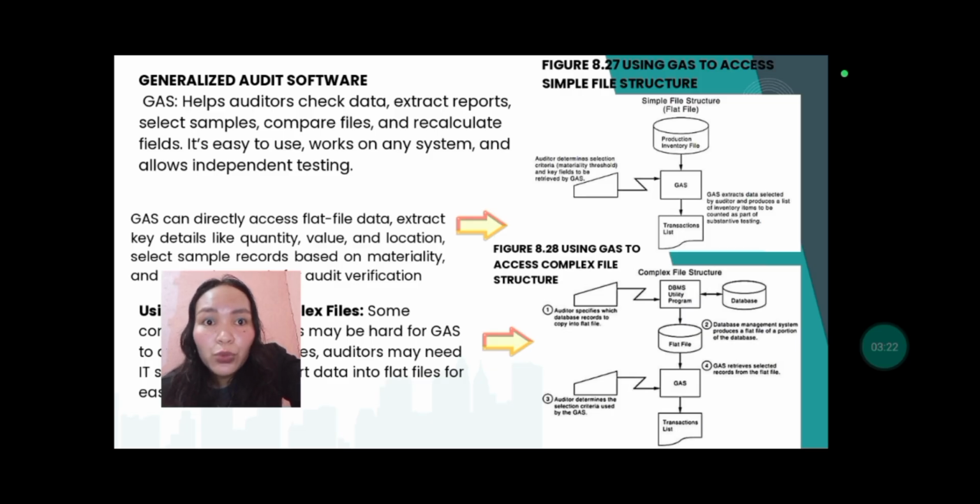And step 3, the auditor defines the specific selection criteria for the GAS to use on the flat file. And for step 4, the GAS retrieves selected records from the flat file. The GAS retrieves the selected records to produce a transaction list for the auditor's review.